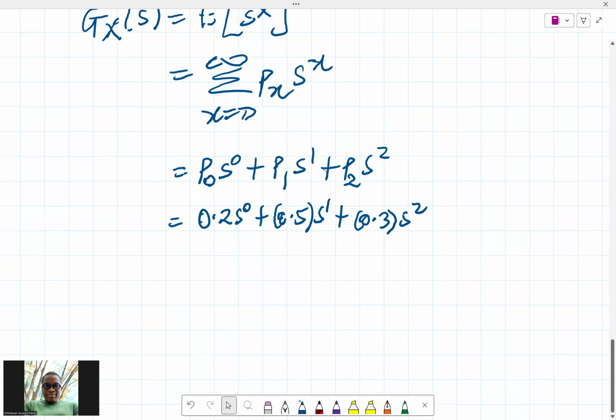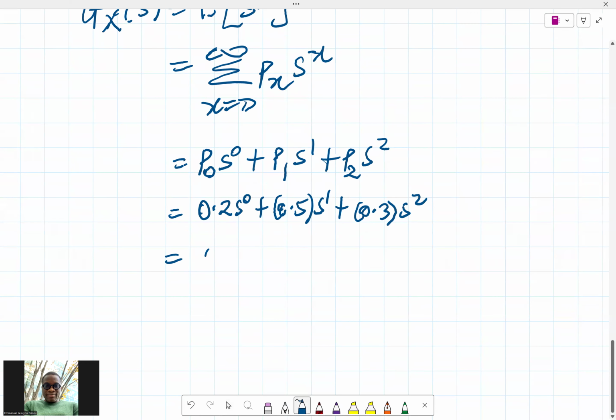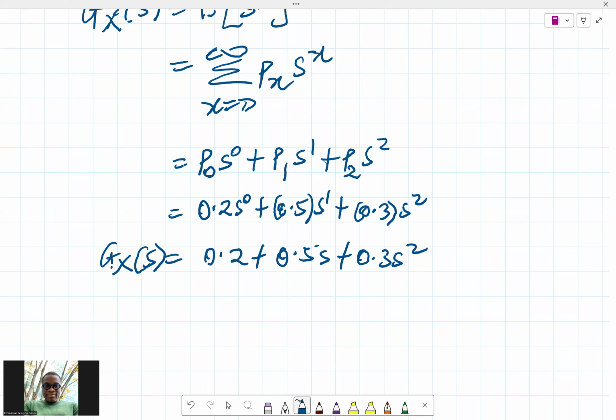And anything raised to the power 0 is 1. So this is just 0.2 plus 0.5s plus 0.3s squared. And this is the probability generating function.